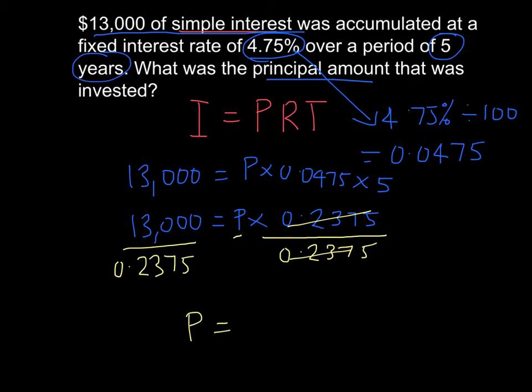So 13,000 divided by 0.2375 is equal to $54,736.84. That's rounded correct to 2 decimal places.